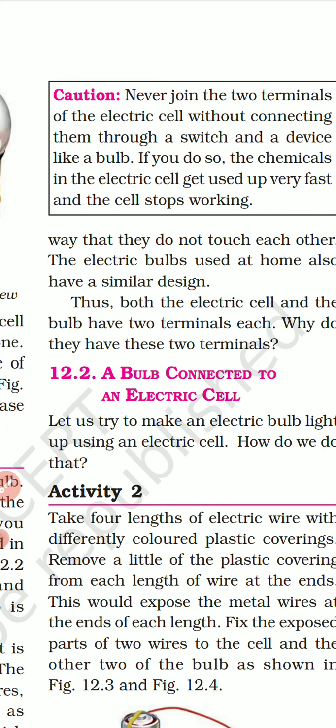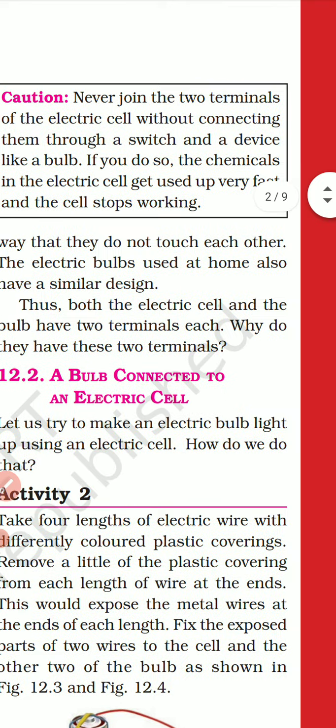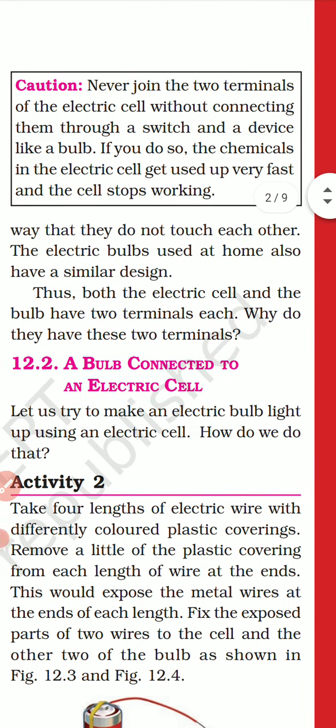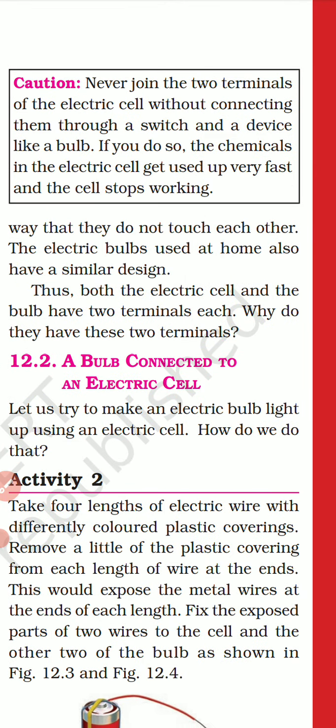So, what is written under caution? Never join the two terminals of the electric cell without connecting them through a switch. So, why? If you have joined the two terminals without the switch, what happened? As soon as you join the two terminals, the electricity starts flowing from one end to the other end. Alright.